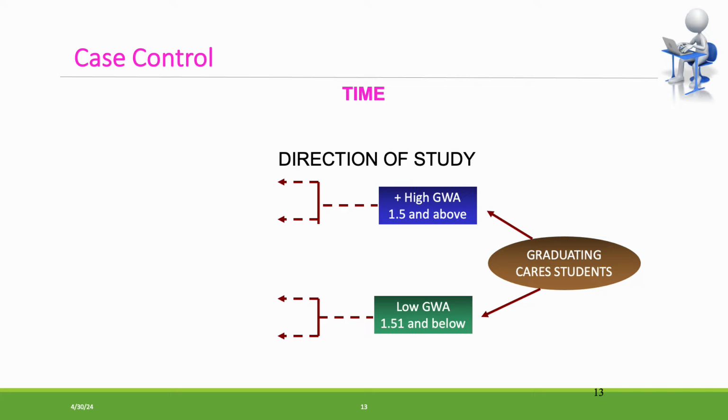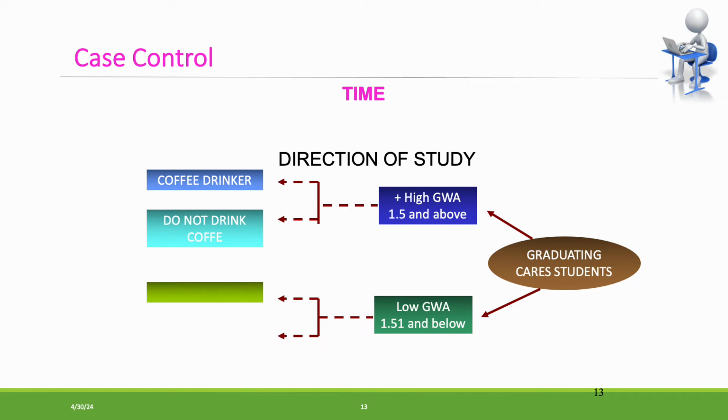So the outcome is already present at the start of the study, and then comparison of past exposure of both groups are extracted and compared. So for this study, the exposure would be if they are coffee drinkers or non-coffee drinkers.